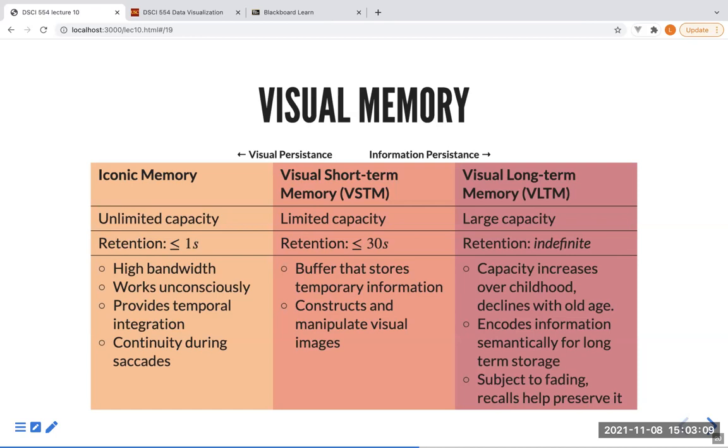So do you remember the two types of blindness that we've seen? There was the inattentional blindness, and then there was the change blindness. So which one here would relate to the iconic memory? The inattentional blindness was the gorilla video, and the change blindness was the car video where the street was changing, right?